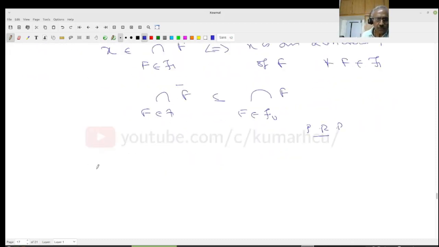Now, to prove this X is an adherent point of F for every F in script F, what do I have to do?